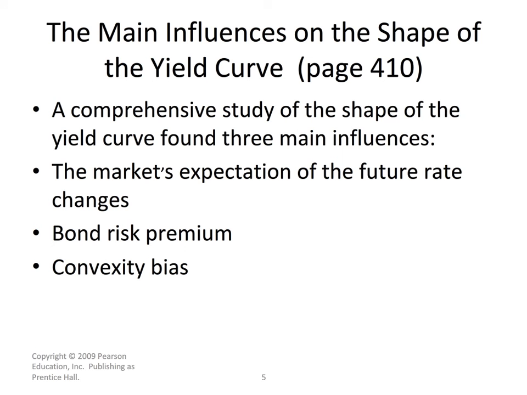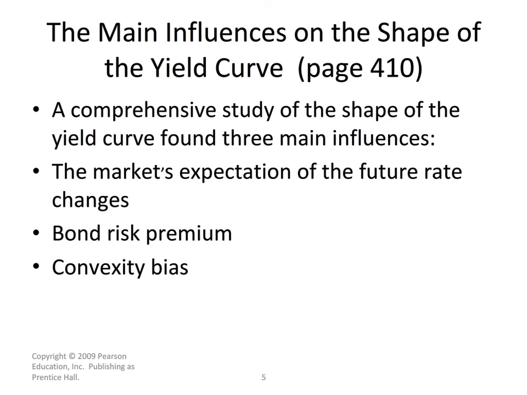The first is the market expectation of future rate changes, and if the market's expecting interest rates to increase or decrease, that will influence the yield curve. Bond risk premium is the second factor, and as we move out over time, there's greater uncertainty about yields in general, and that may lead to more premium, although in theory you can't say that for certain.